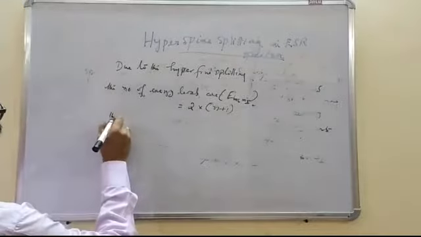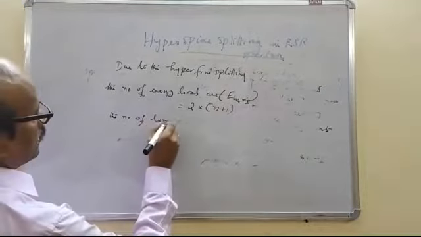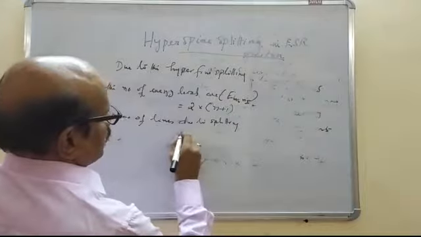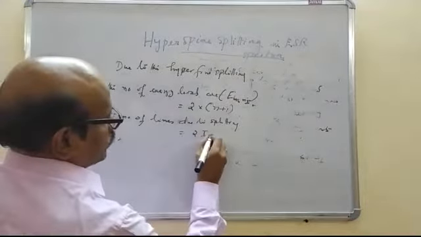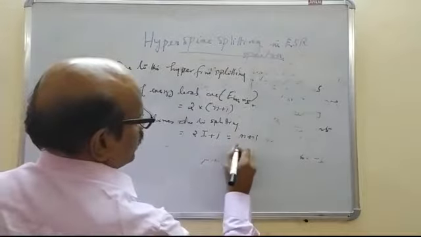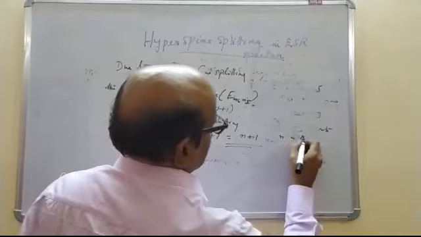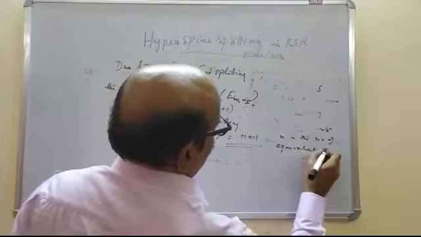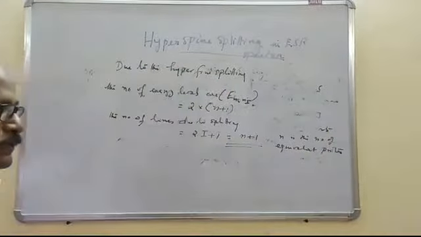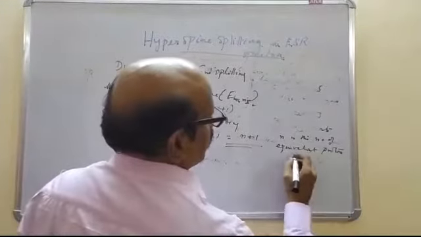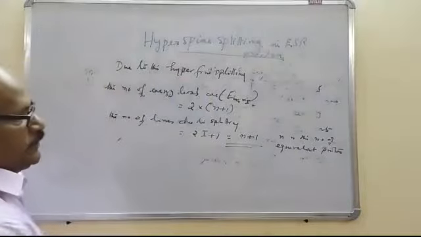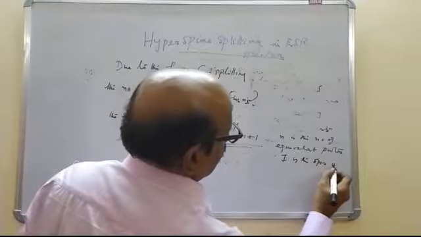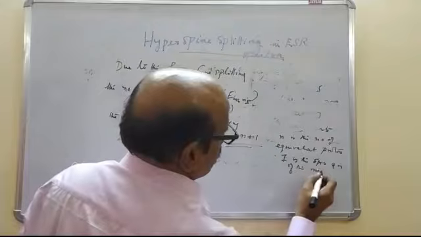Then the number of lines due to splitting is equal to 2I plus 1 or equal to n plus 1, where n is the number of equivalent neighboring protons in the molecular species, and I is the spin quantum number of the nucleus or proton.